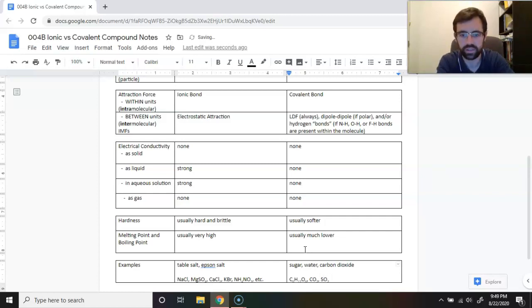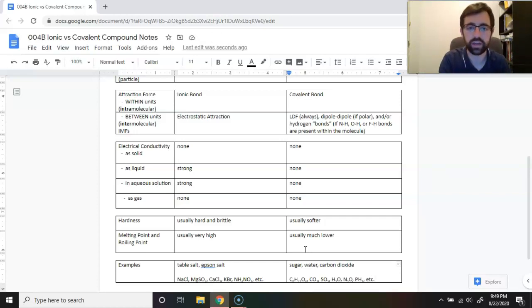Sulfur dioxide is a really common pollutant in the air. Of course, we said H2O. That's water. Let's see, N2O or NO2, either one. PH3. Etc. There's tons, lots and lots of these.